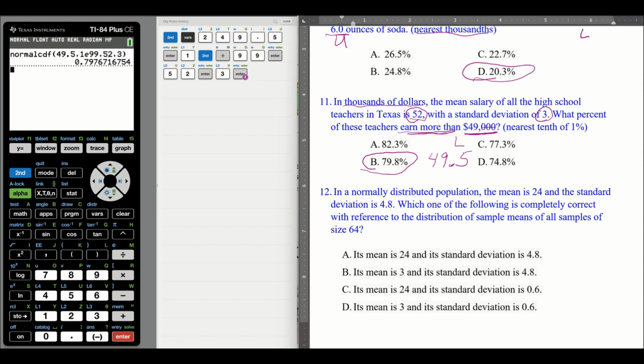In a normal distribution population, the mean is 24. Standard deviation is 4.8. Which one of the following is completely correct with reference to the distribution of sample means of all sample size of 64?